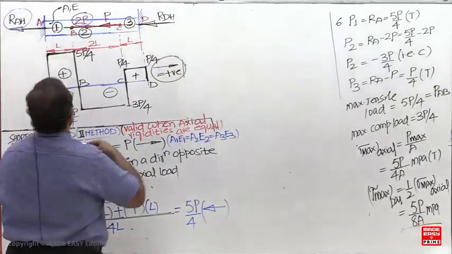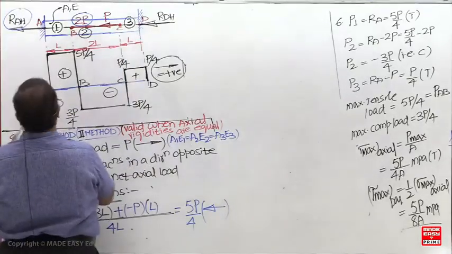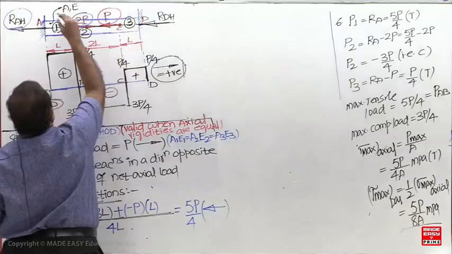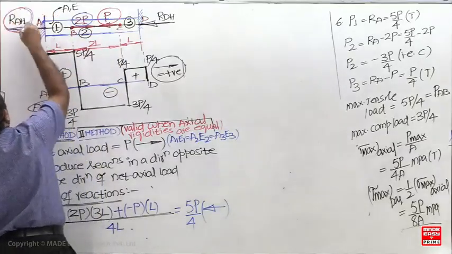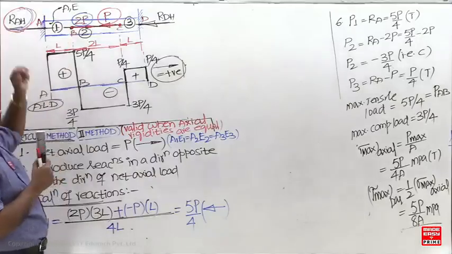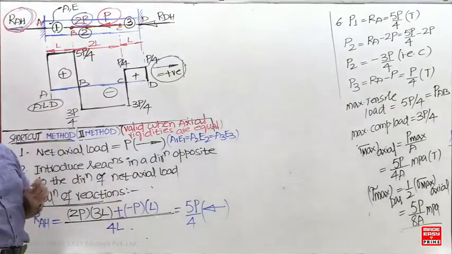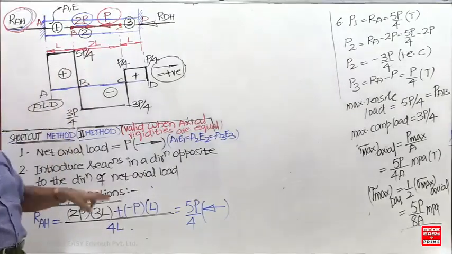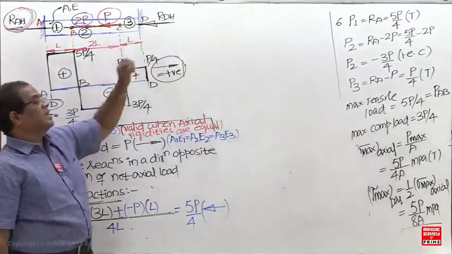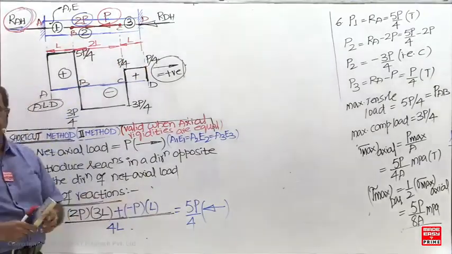Next, this load P and RAH are in the same direction. Same direction means negative. And what is the distance between C and D? L. 5P by 4.